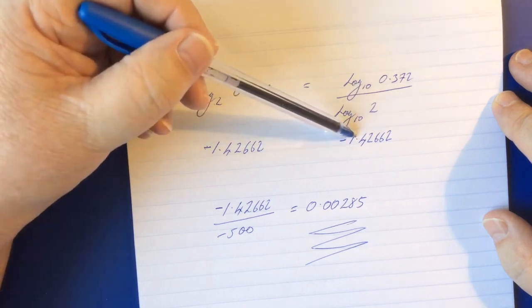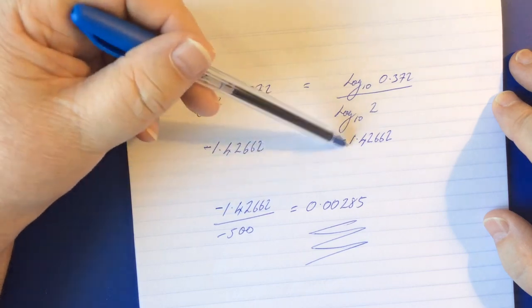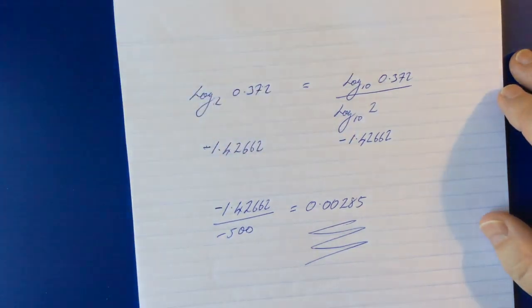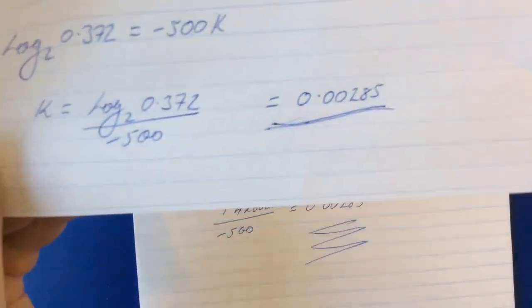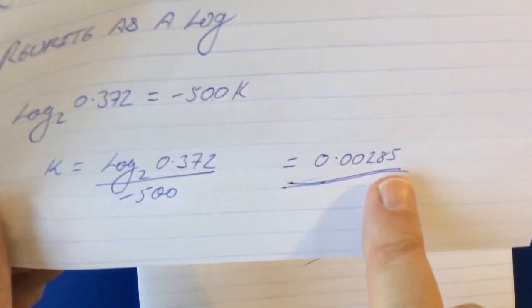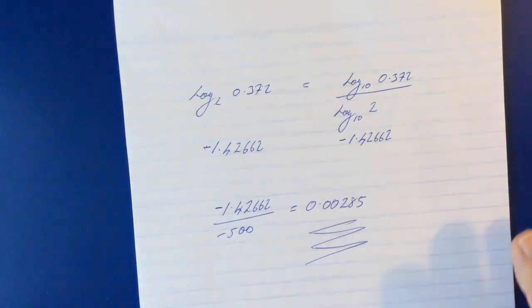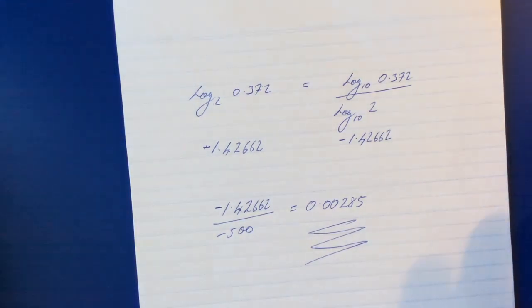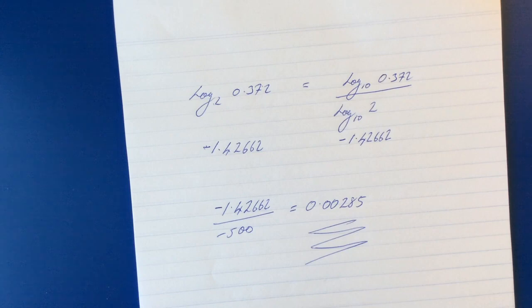Now, putting that value into this equation, remember this is what I got here. And again, you can check this on a calculator. In fact, I'll do it now. So it is negative 1.42662 divided by negative 500.